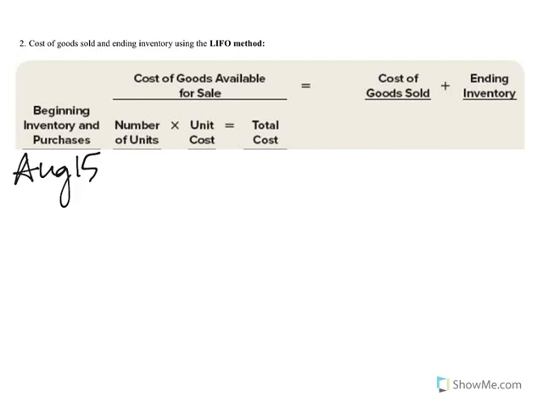On August 15th, we had purchased 180 units at a unit cost of $15 a piece for a total of $2,700. Now remember, we sold 280 units and we had 20 left in ending inventory. So this 180 definitely fits in there, and this is going to go under our cost of goods sold.